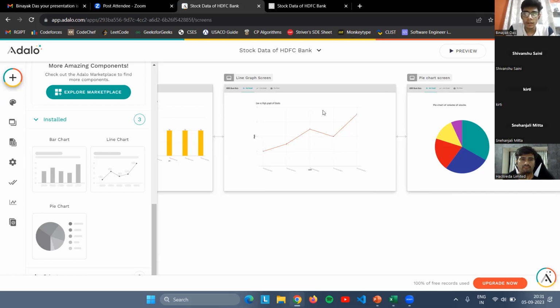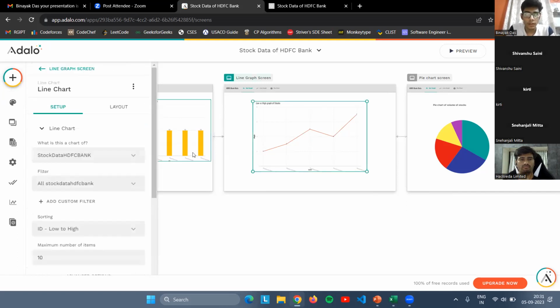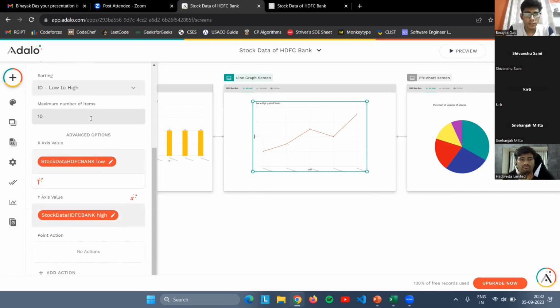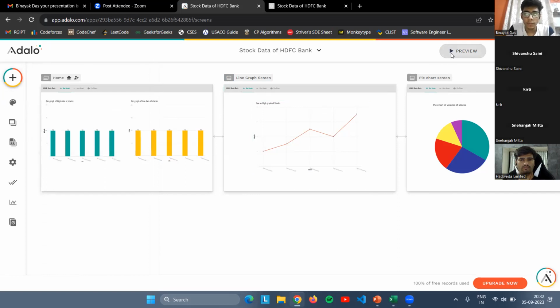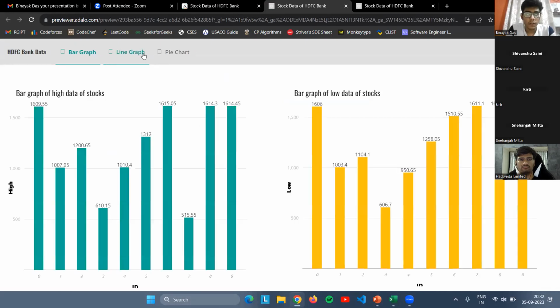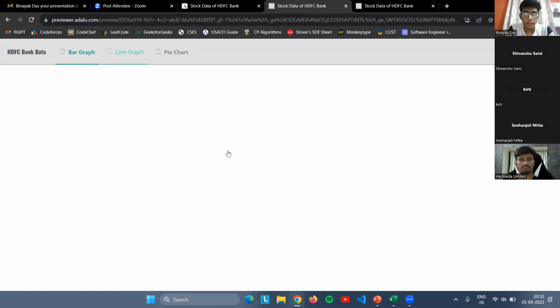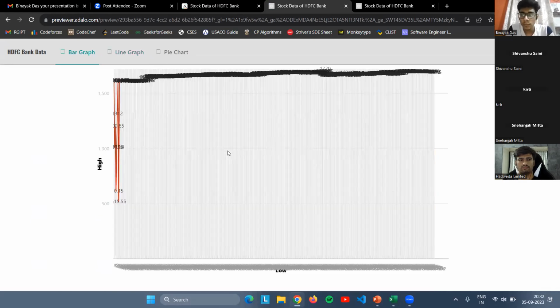Like I can show you. See, I have only used 10 values for the presentation, and if I do not give any limit and I preview, and if I click on the line chart, line graph, you can see it looks very messy because in the database I have 1,000+ values and it doesn't look good on the website.